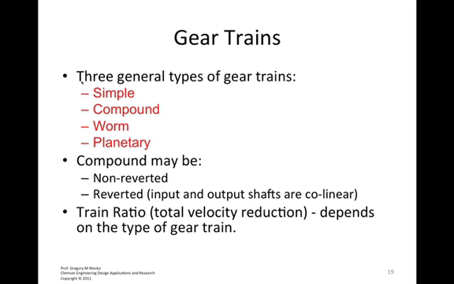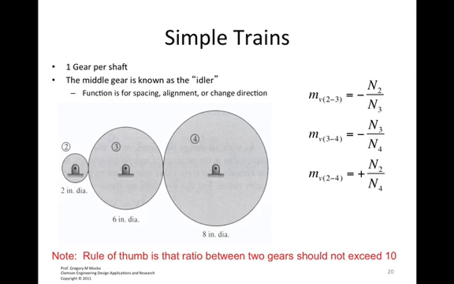And planetary gear sets vary depending on the application. I'm going to cover the ideas behind these gear trains now, and then we'll come back in class and go over the solutions to the problems.